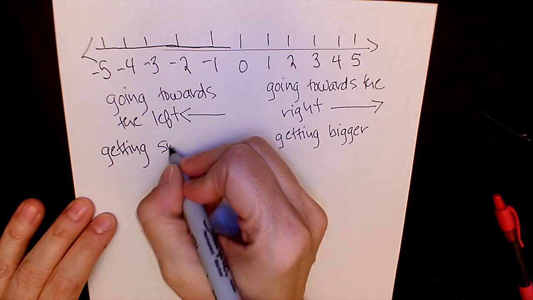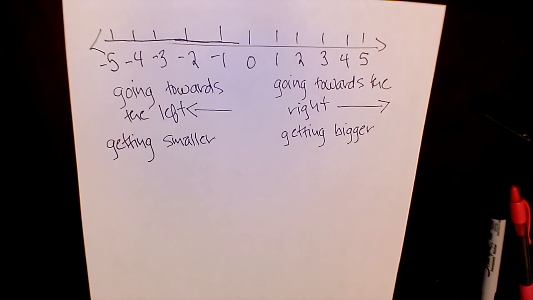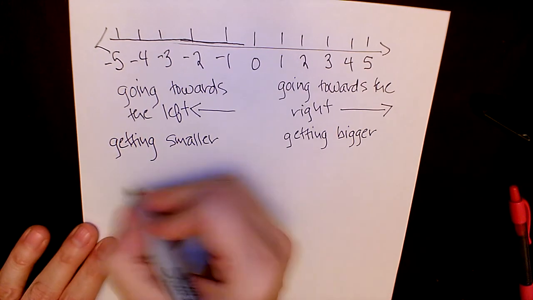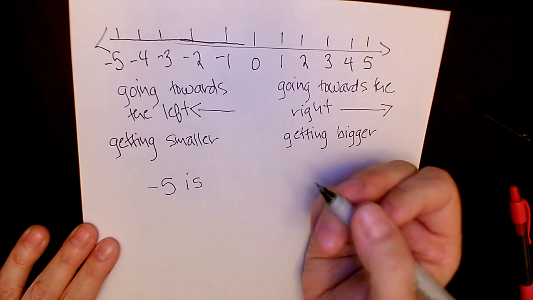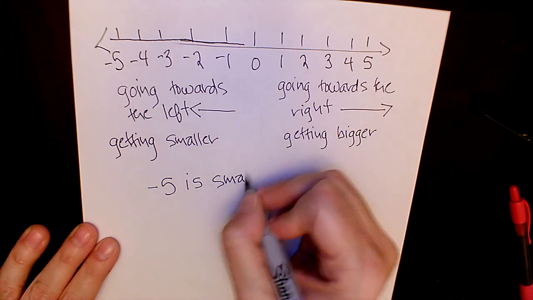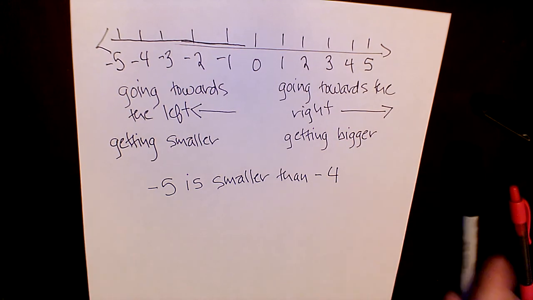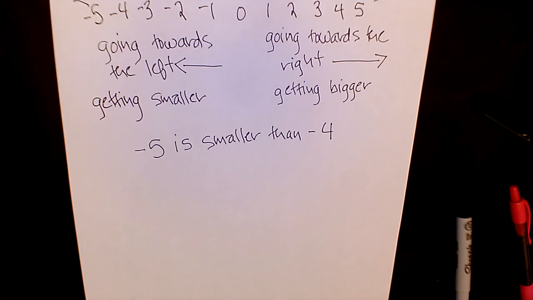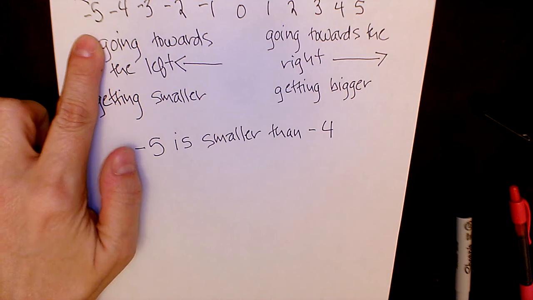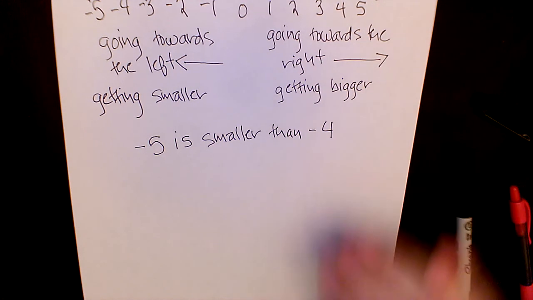So we're getting smaller as we go to the left. So, as I'm looking at these numbers, -5 is smaller than -4. -5 is here, -4 is here. The bigger number means it's getting smaller. So it's the opposite of this side.